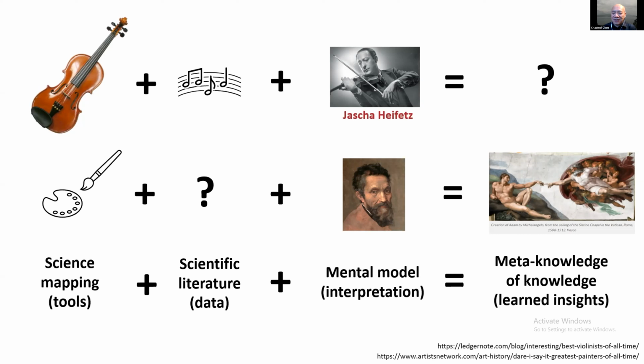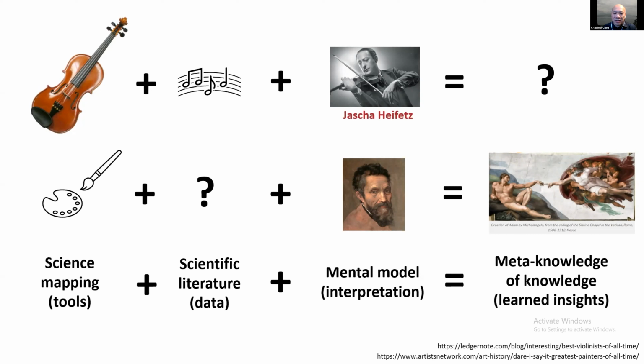If you have a great player, you get a great piece of music playing. Similarly, in the second equation you have some tools or paint brushes and the things you might need, and you add something else. With a great painter, what we get is a masterpiece.